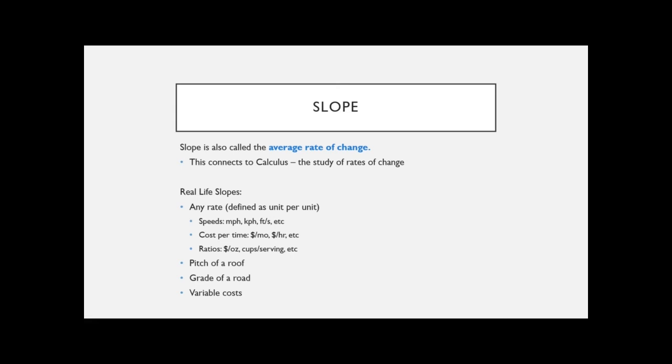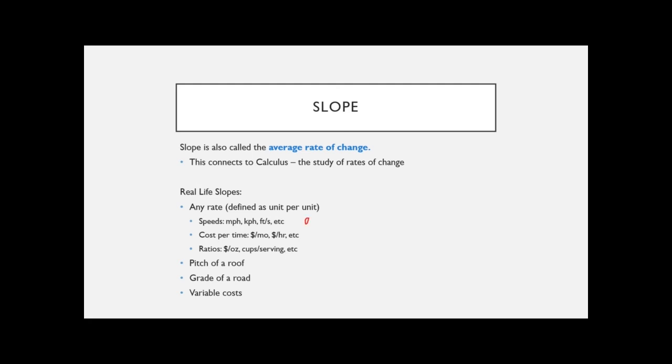There are a lot of things in real life that are slopes. So anything that is a rate where you have something divided by something. So any speed can technically be considered a slope if you were to write an equation and graph your speed. Miles per hour, kilometers per hour, feet per second, anything like that, that is a slope.